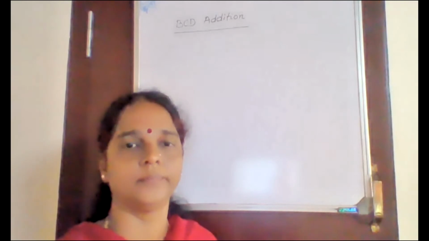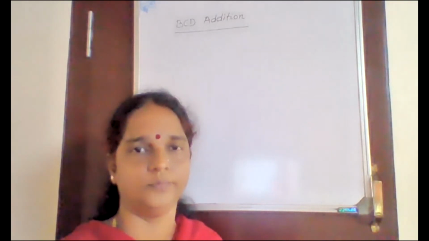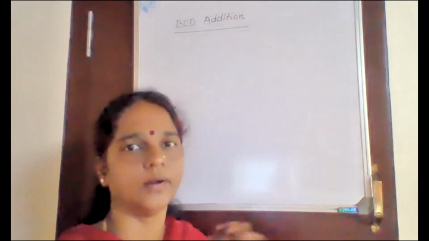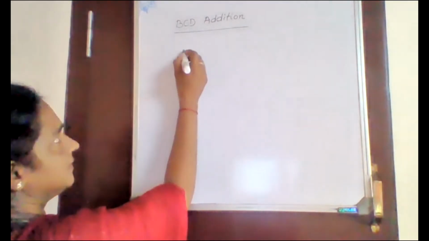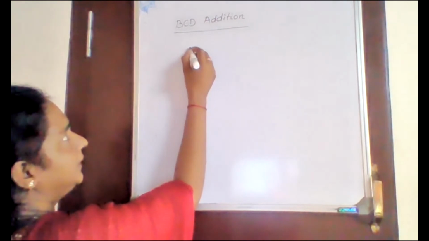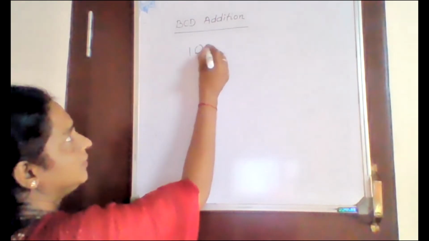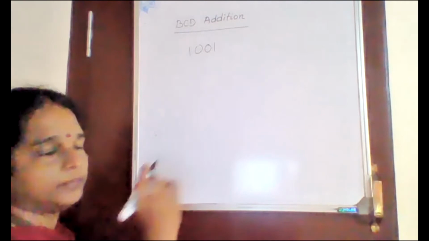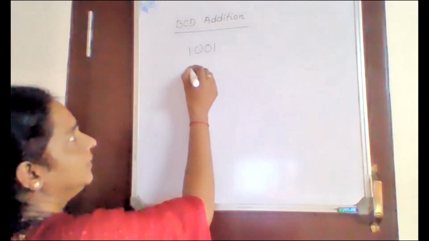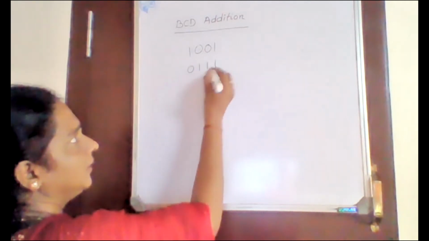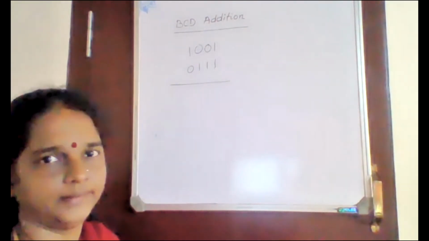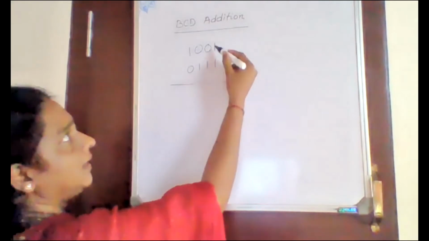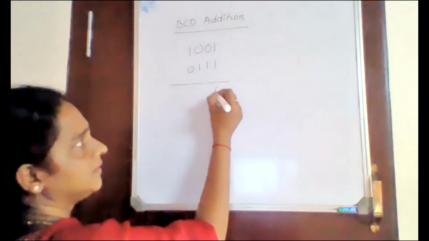BCD addition. Here we need to know some rules to add two BCD numbers. Let us consider one example. BCD number 1001 is to be added with 0111. Addition is similar to binary addition. Let us add 1 plus 1. We know it is nothing but 2.